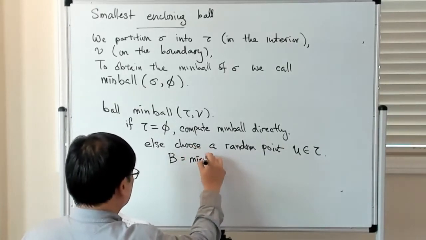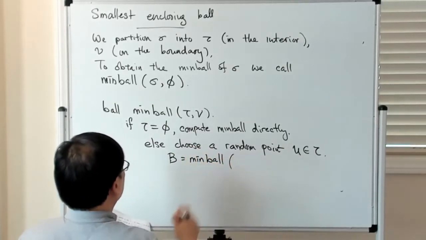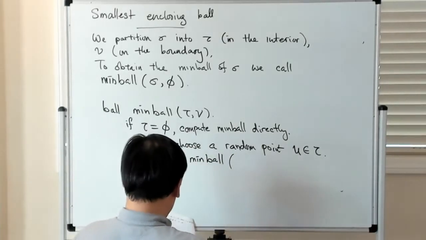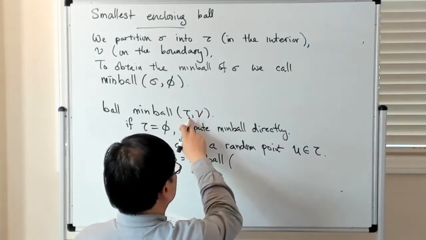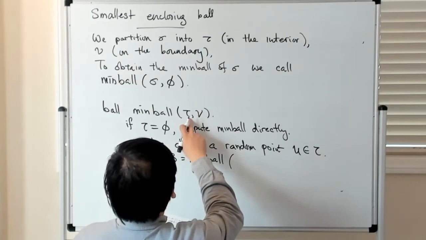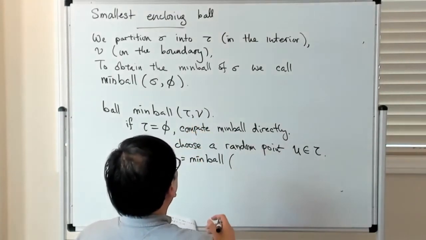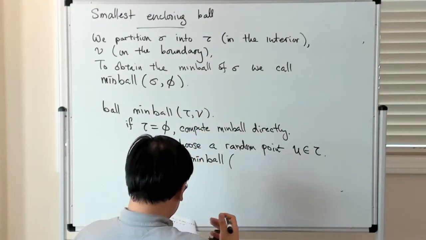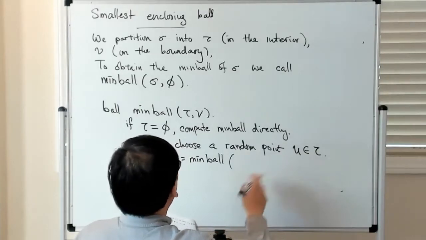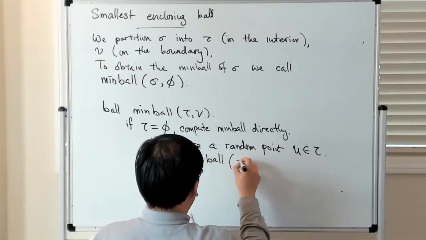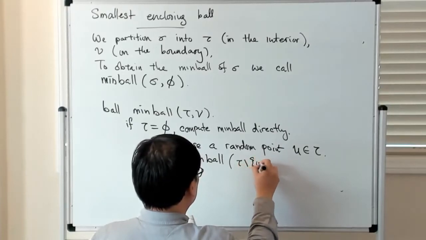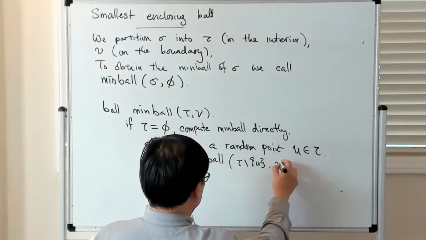So I'm going to call this recursively, where I essentially remove the point u from tau. So I'm no longer going to put it in the interior, but at the same time I'm not going to put it in the boundary either. Okay, so min ball of tau excluding u, and then nu.